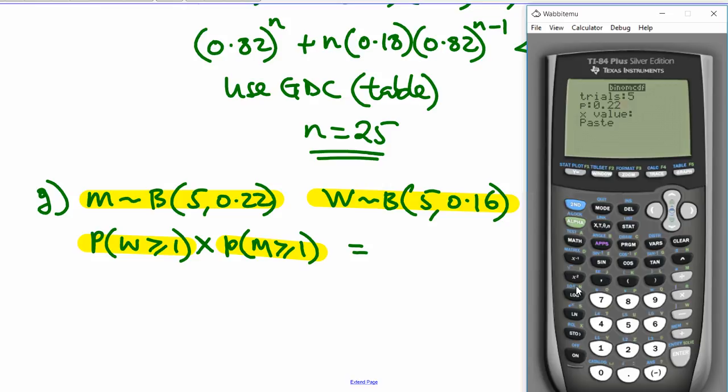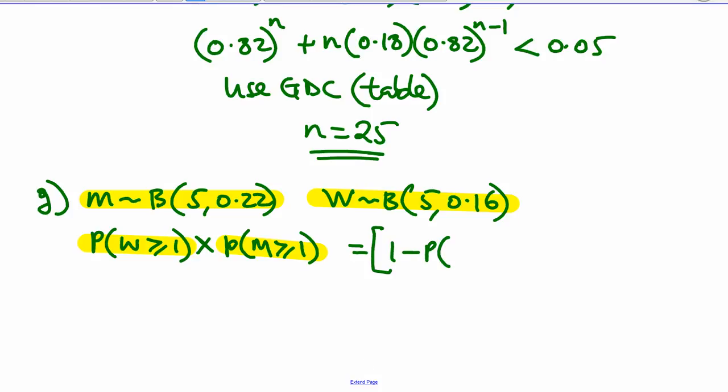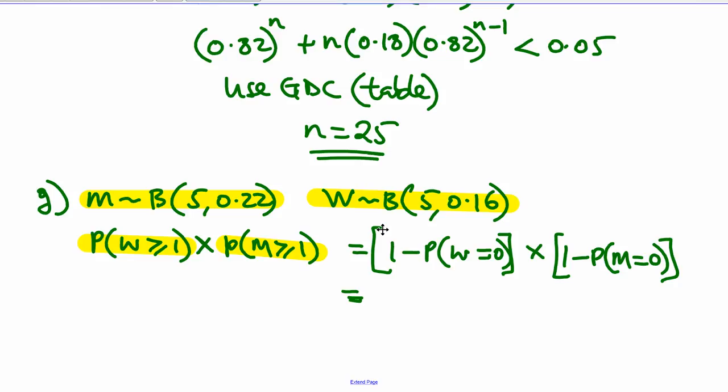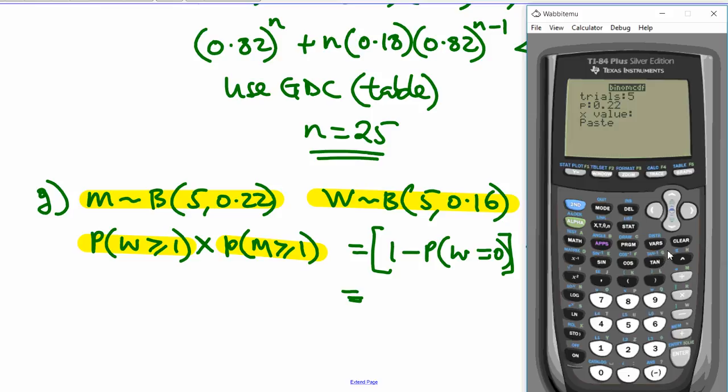And by the way, before I plug that in, these are discrete random variables, so what I'll do is, this is the same as 1 minus probability W equals 0, multiplied by 1 minus probability M equals 0. Hopefully we can plug the whole of this expression into our calculator.